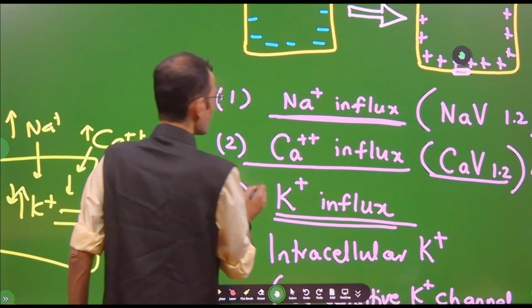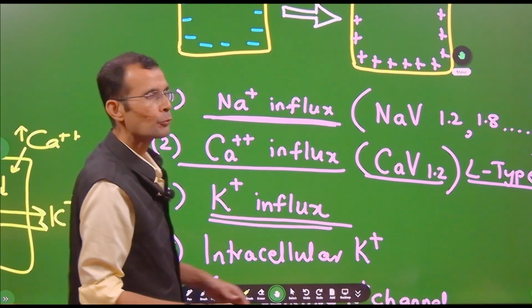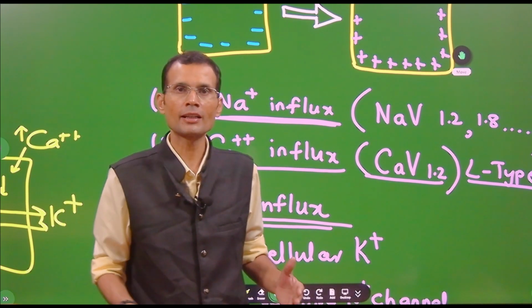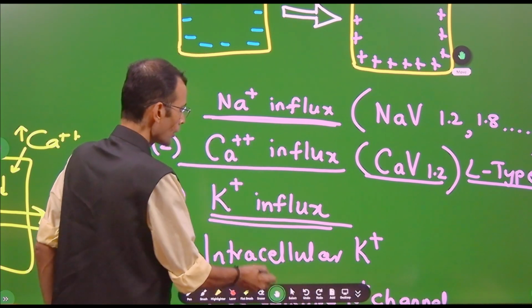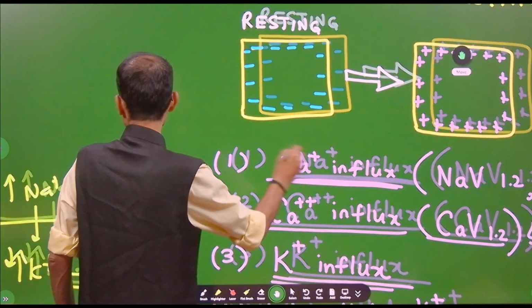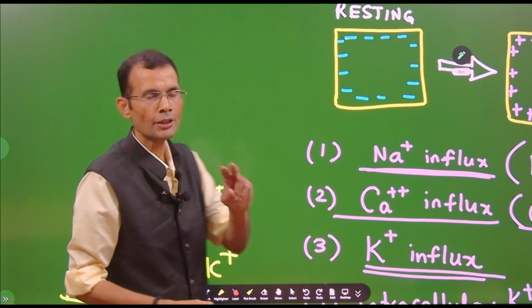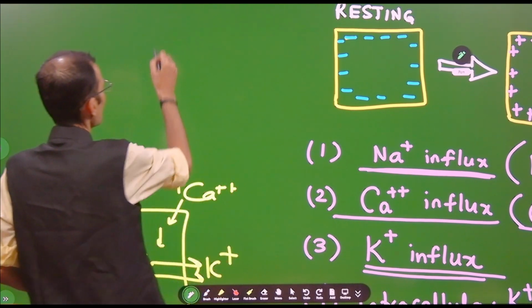That being said, now let us see various ways of membrane excitation, what channels are involved, and what ions are involved. To begin with, let's say membrane excitation can occur in two ways.